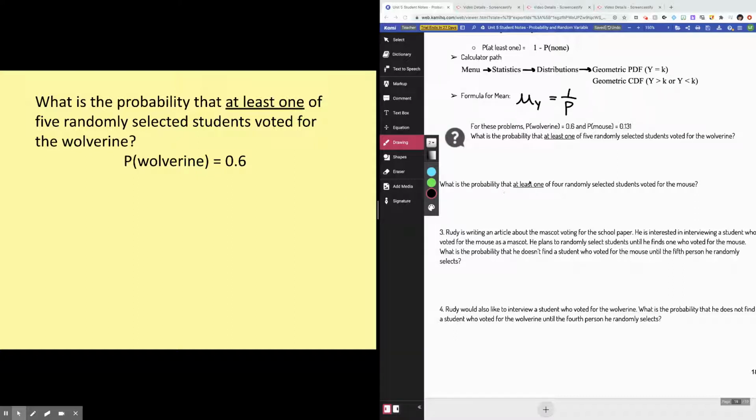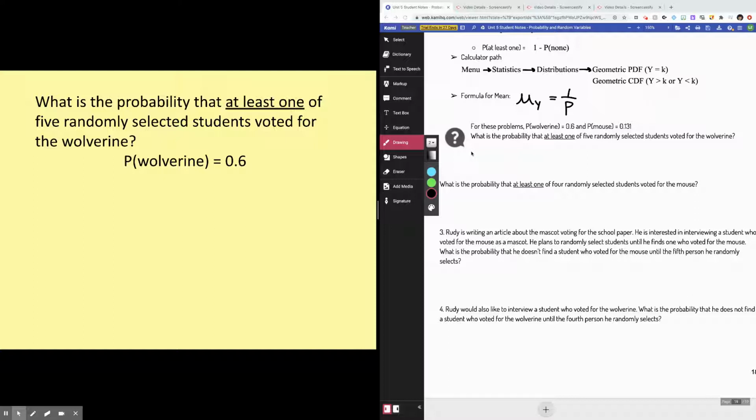Okay, so let's take a look at these last couple of problems here. In these problems, the probability of picking Wolverine is 0.6, and the probability of picking Mouse is 0.131. The first question says, what's the probability that at least one of 5 randomly selected students voted for the Wolverine?